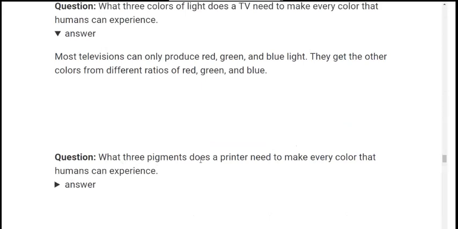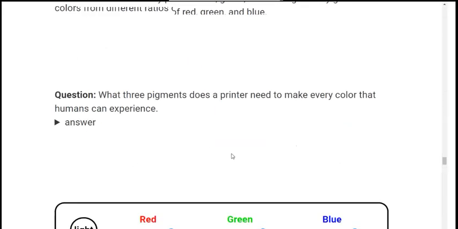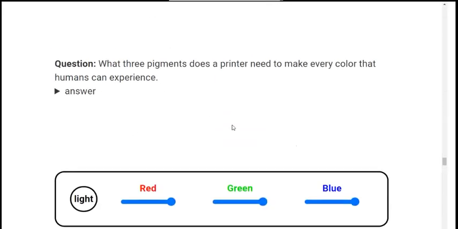What three pigments does a printer need to make every color that humans can experience? Similarly, nowadays we are having a color printer. So even then there must be three pigments present in the printer so that it can print out almost all colors that humans can experience. So let us check out.